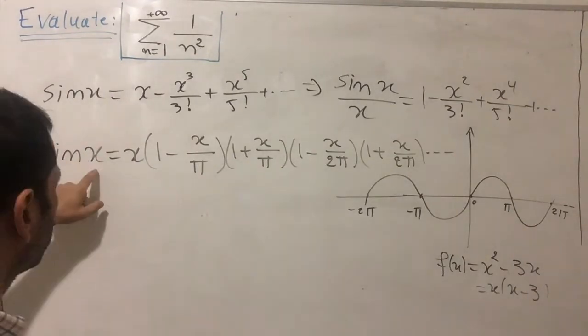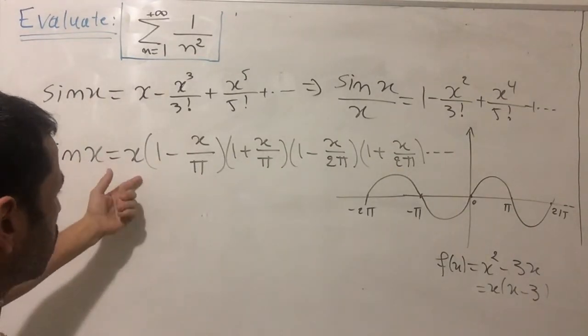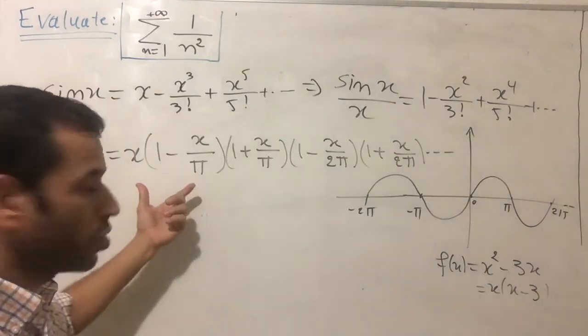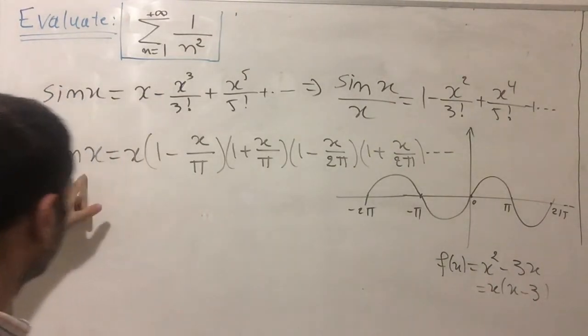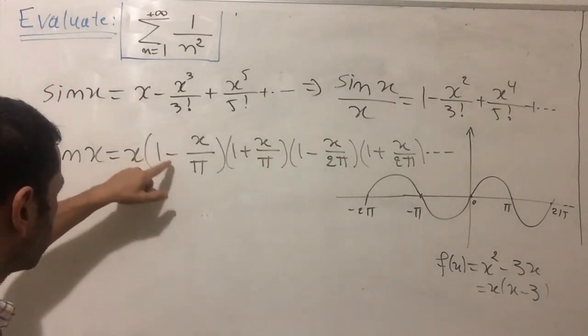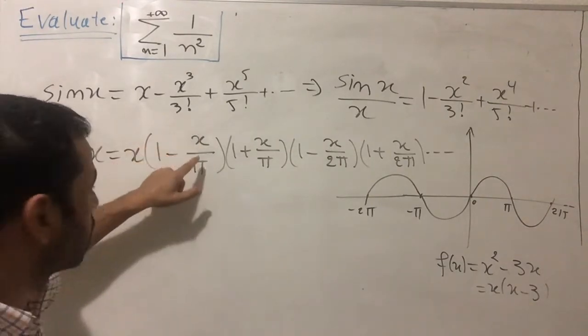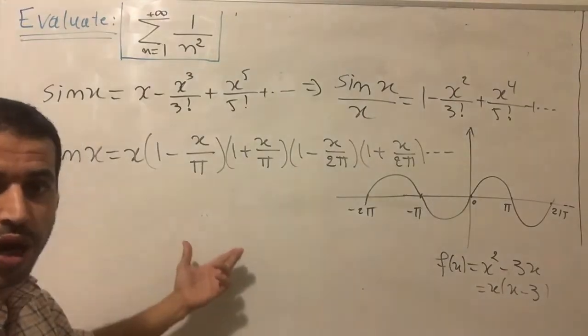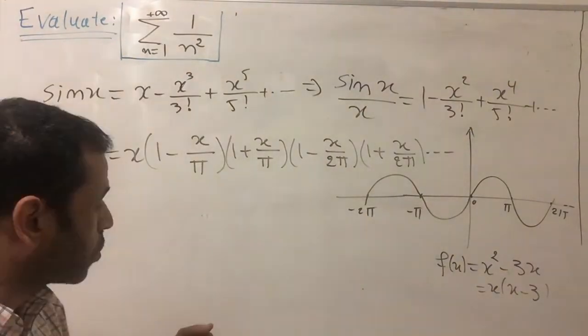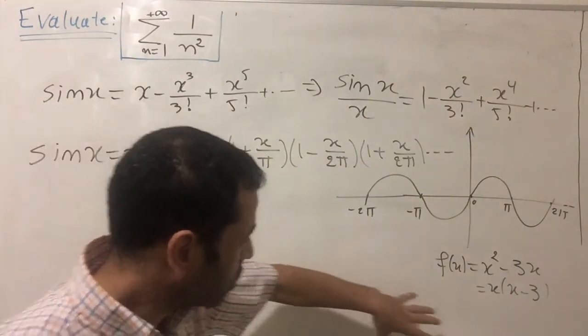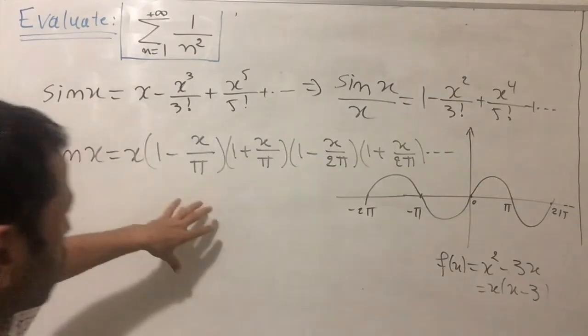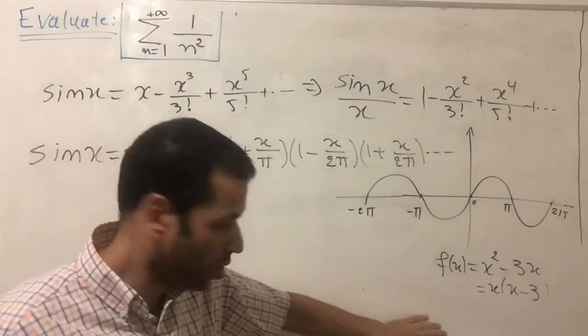Because if you plug the number 0 here, it's giving you 0, that means 0 is a root of the sine x. If you plug pi into this function, let's take x equal to pi. This factorization is making a lot of confusion for many people, because you see the f of x is written differently. This one is written a little bit different than this one, okay?